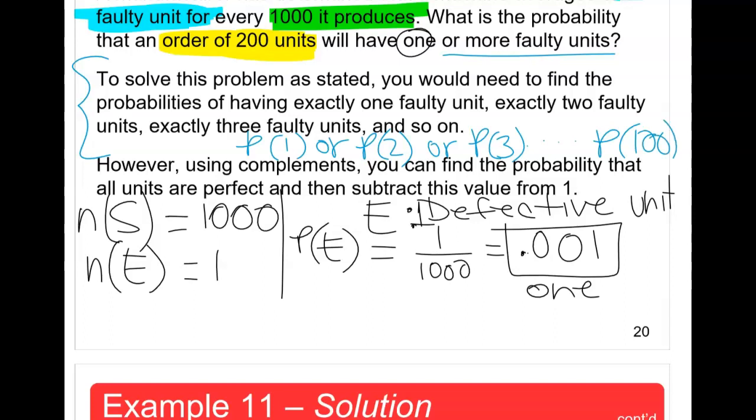That will be very small, but it could still be a possibility.